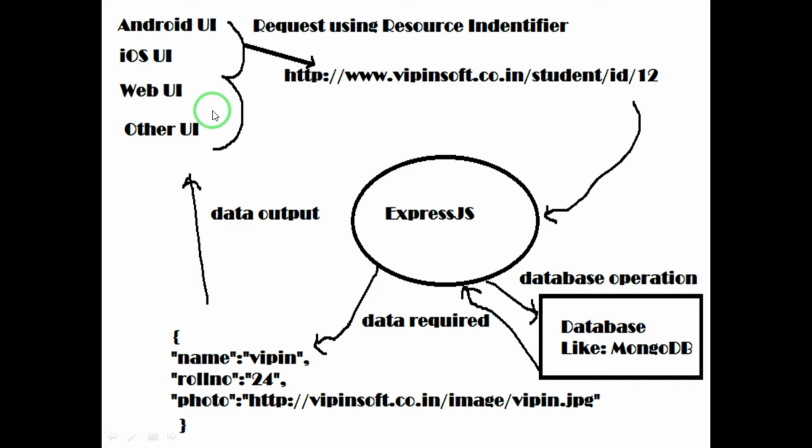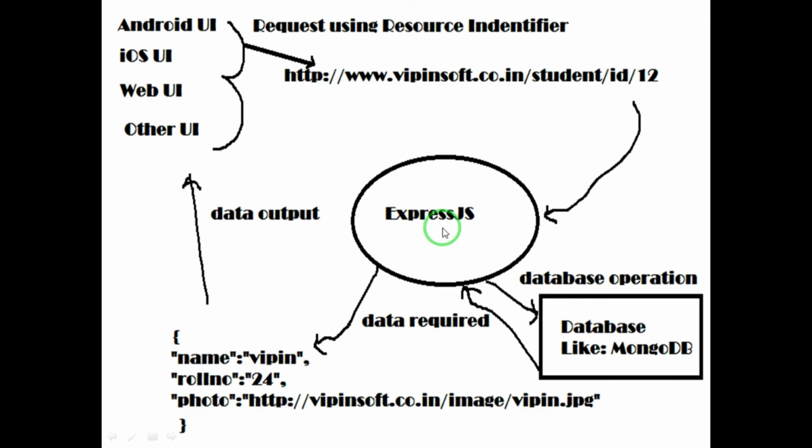All these interfaces, Android, iOS, web, and others, are using the same kind of resource identifier. Suppose http://www.vipinsoft.co.in/student/ID, and the student ID is 12. So we are going to fetch the record of the student whose ID is 12 by using this resource identifier, this URL. This request is going to the server.